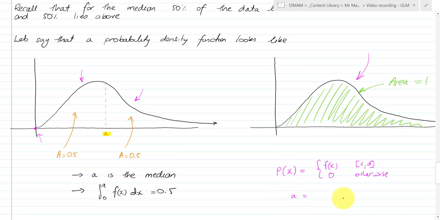P of x would be equal to f of x between C and D, and A, which is the median, would be equal to the integral between A and the lower bound C. So C would be wherever that lower bound is, of f of x dx, and that would have to be equal to 0.5. That makes more sense for that to work, and A would then therefore be the median.